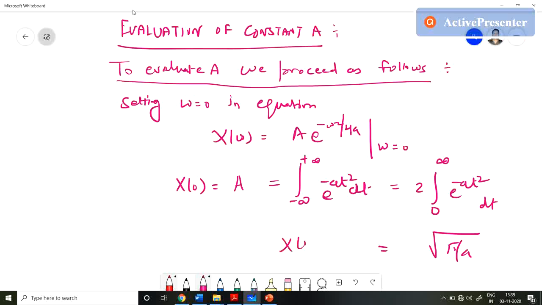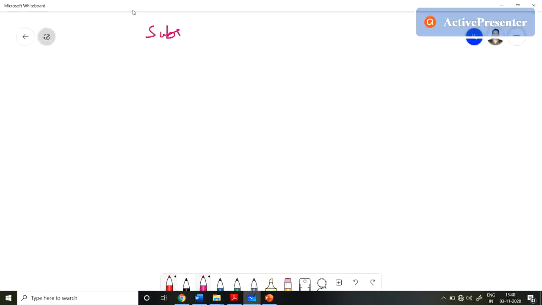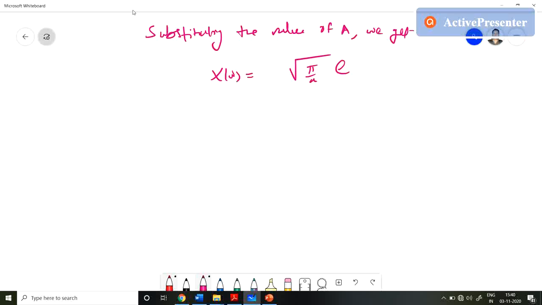By using the definition of the gamma function, it is under root pi divided by a. So finally, substituting the value of A, we get X(omega) equal to under root pi by a e raised to the power minus omega square divided by 4a.